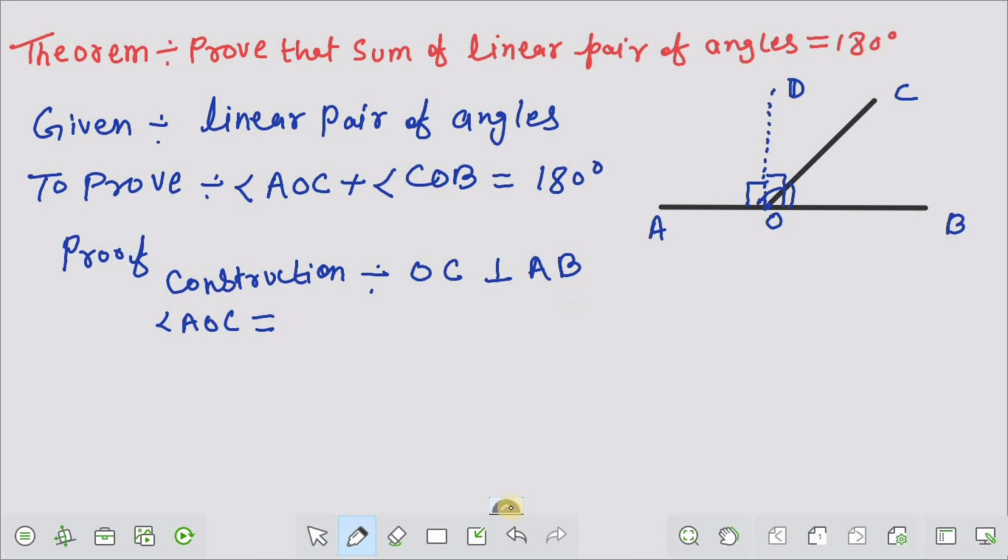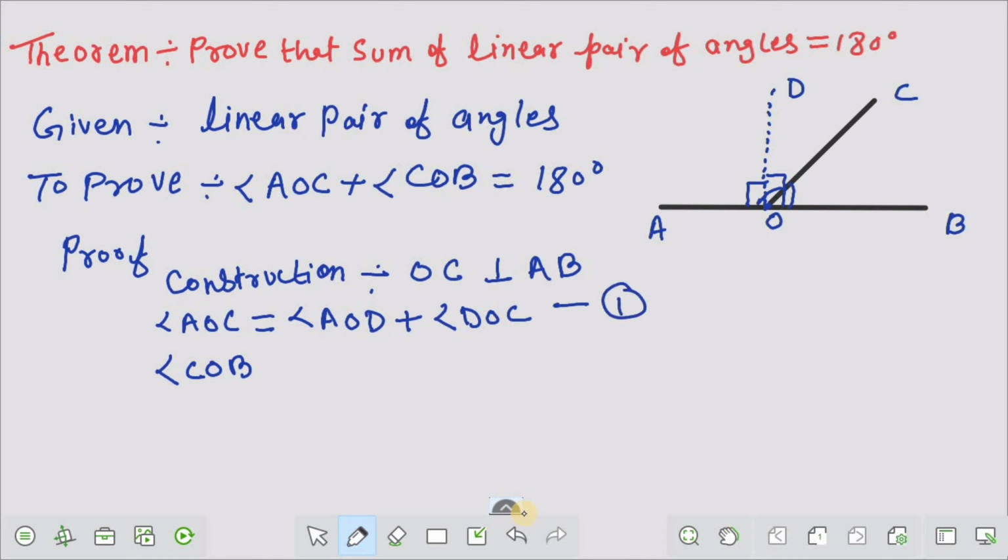Name this point D. So can we say angle AOC is equal to angle AOD plus DOC? Can we say or not? Of course we can, right? So angle AOC is equal to angle AOD plus angle DOC. Let this be equation first.